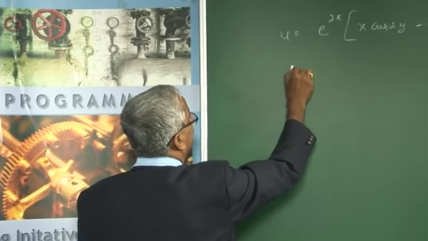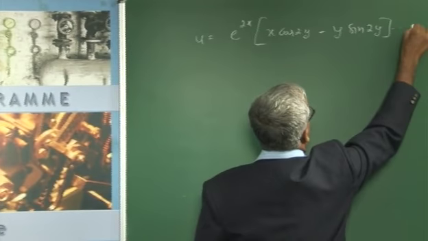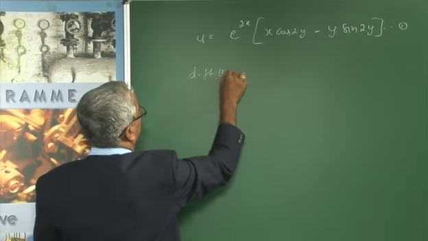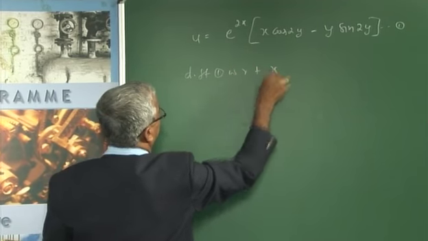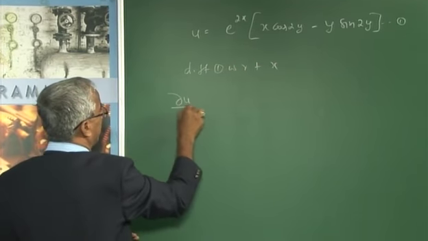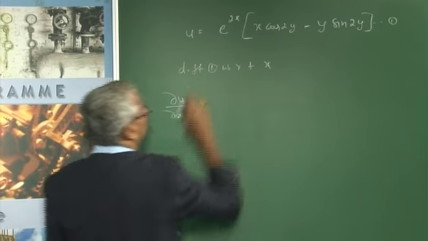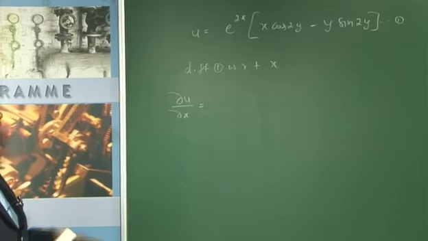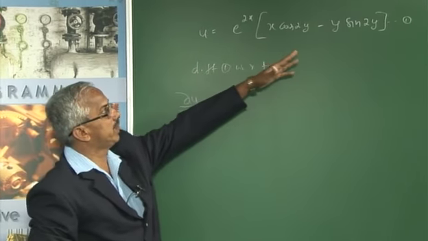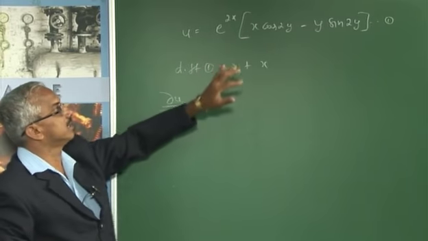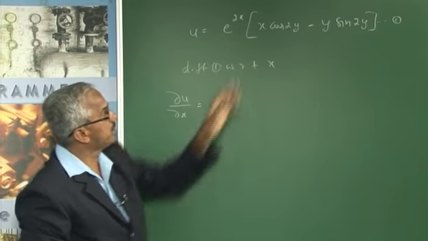That is, differentiate this with respect to x. Dou u by dou x is equal to, now here two terms are there in product, e power 2x and x cos 2y minus y sin 2y. With respect to x means keeping y as constant, so this is a product rule.